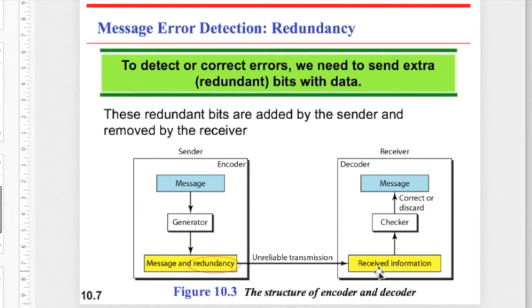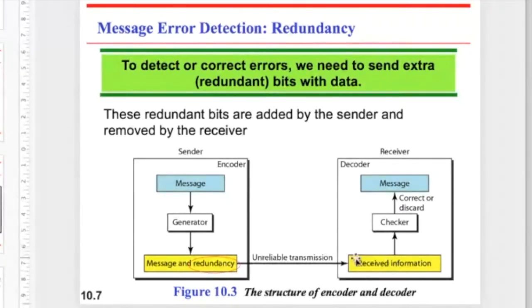This whole process on the sender side is called encoding, and the software component that does this whole work is called the encoder. On the receiver side, there is a component that is the checker. The checker receives the message as well as the redundant information.